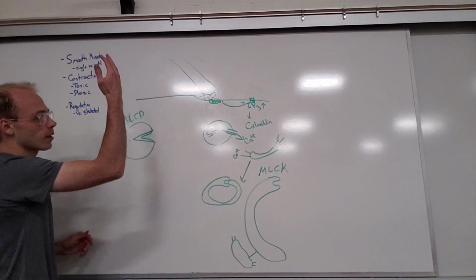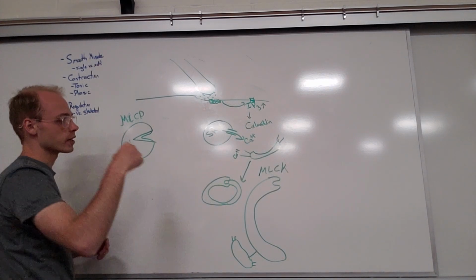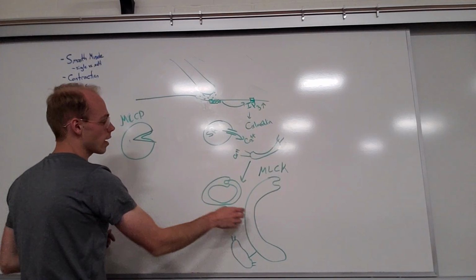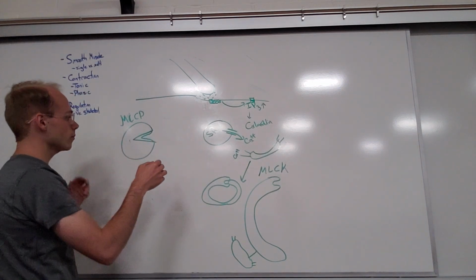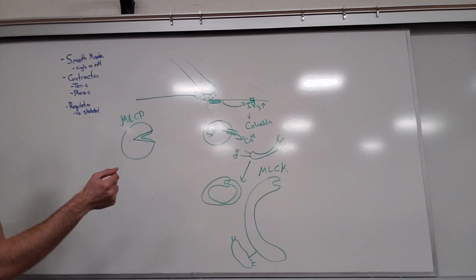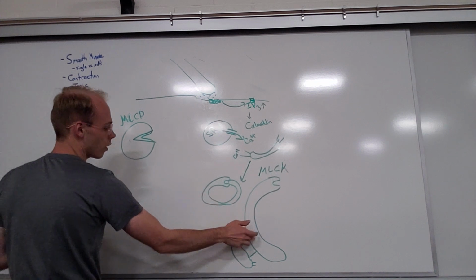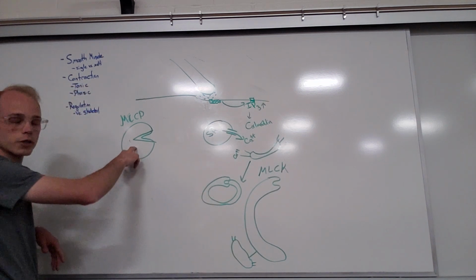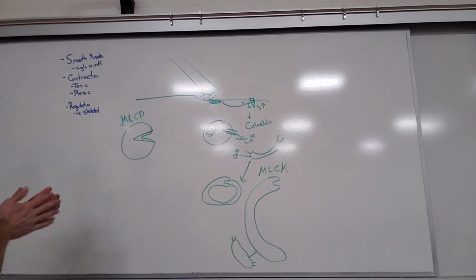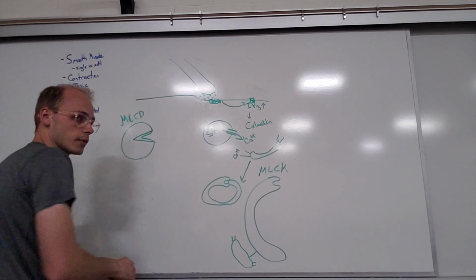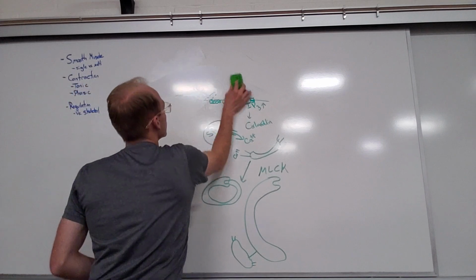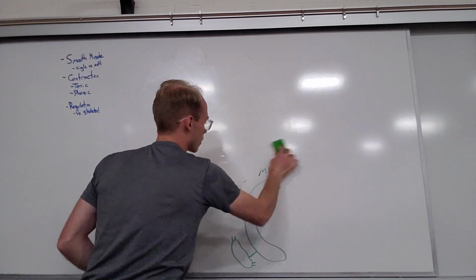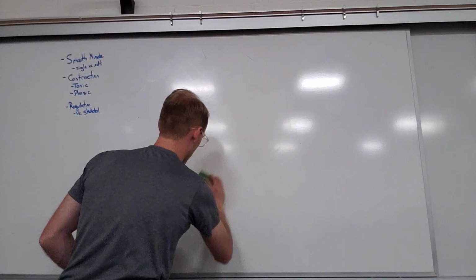So when calcium concentration inside the cell increases, both MLCK and MLCP activity start going up. And so this adds the phosphate onto the myosin head, this removes the phosphate. Okay. Good so far? Yes. Great. Okay.